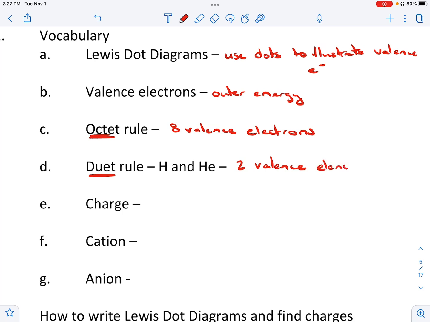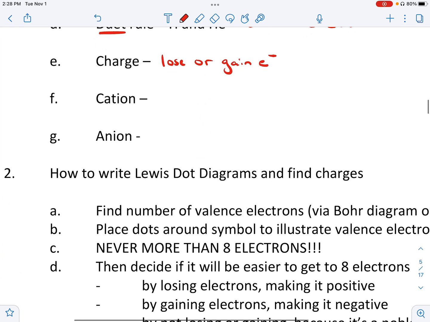Whoa, can't spell electrons right there. All right. Then we have what is called charge, and this is where we lose or gain electrons. And when we lose or gain negative charges, obviously we either become positively or negatively charged, which brings us to our cation.